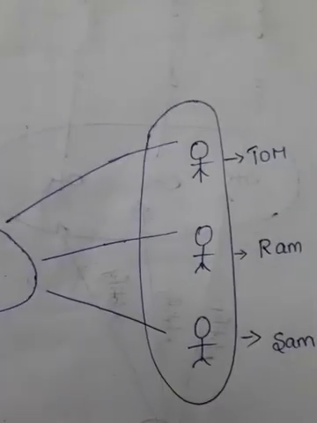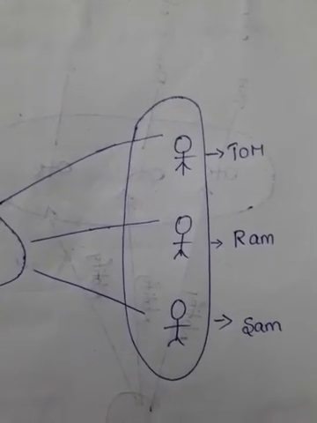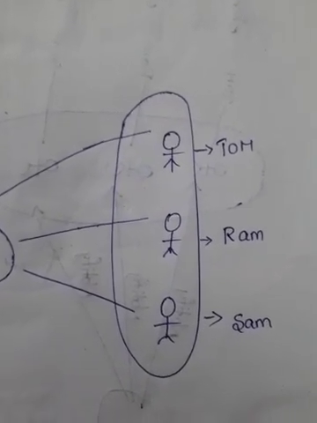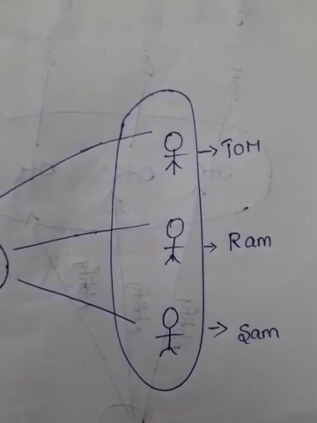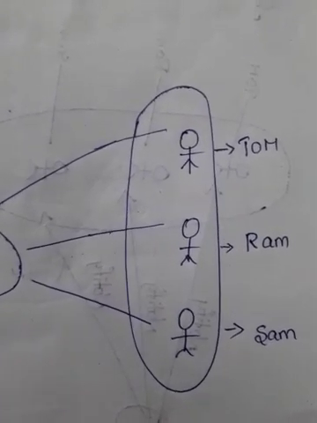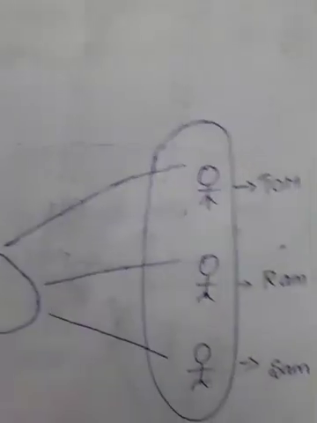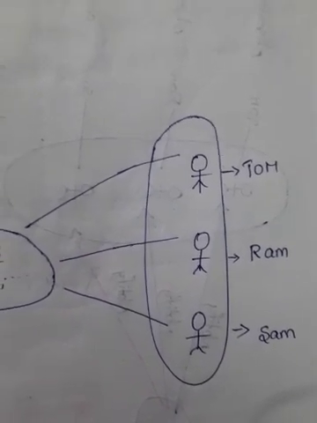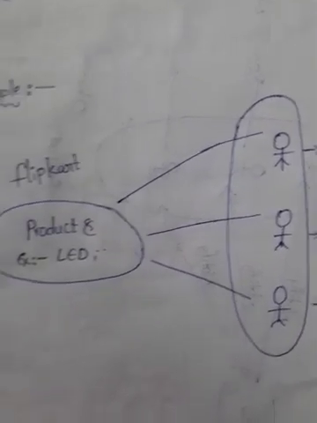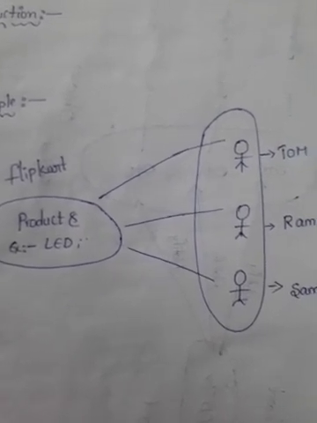On the right side of this diagram I am seeing three persons named Tom, Ram, and Sam. They want to purchase an LED product from Flipkart.